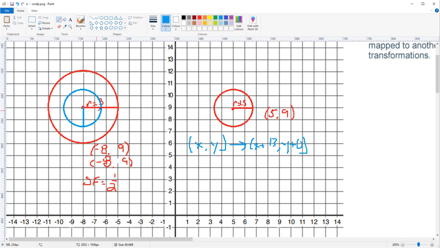So it doesn't matter what size your radius is, there's some scale factor that you can figure out to shrink or grow the radius to make them the same size.